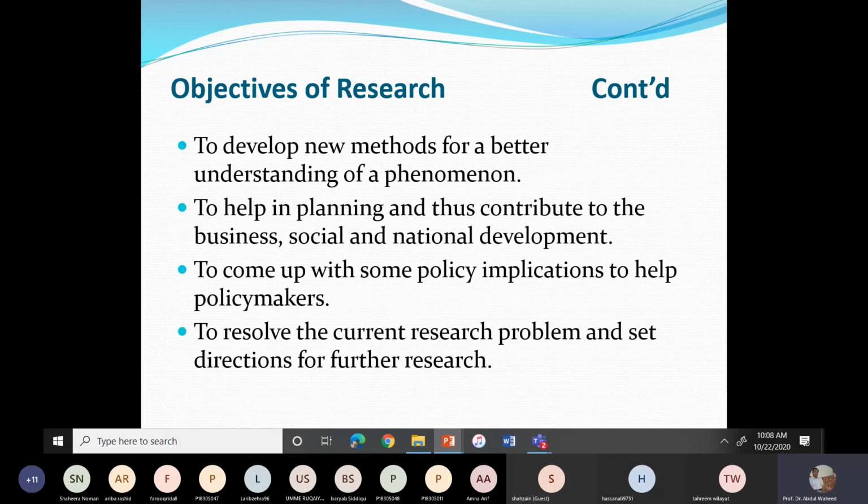So we also help to come up with some policy implications to help policymakers. We do our research, we conclude the research, and then we come up with some policy implications from that research. Suppose a research was done on external debt, then we see what the factors are that contribute to the accumulation of external debt.